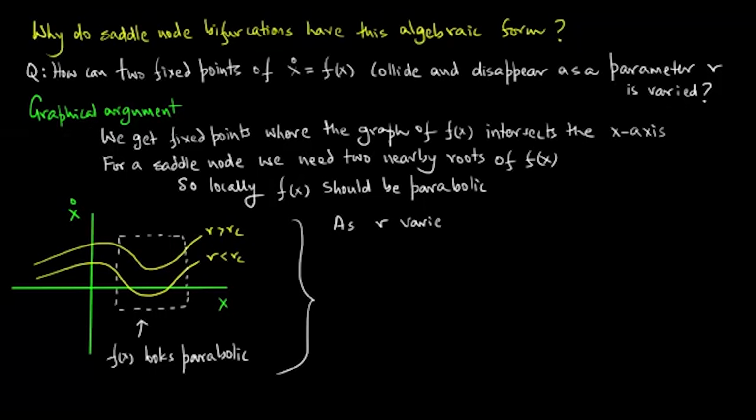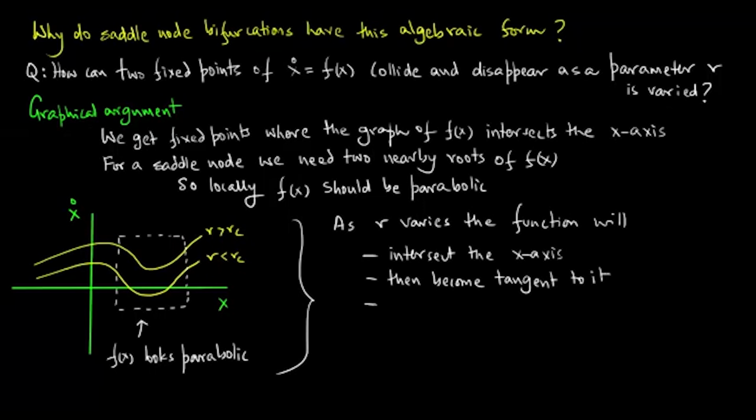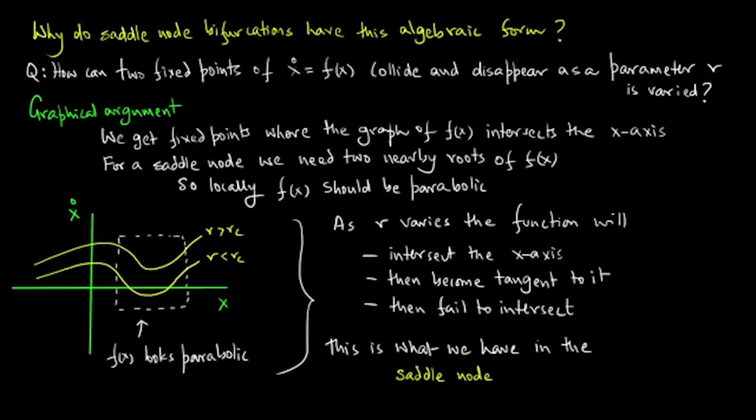So as r varies, the function will intersect the x-axis, then become tangent to it, and then fail to intersect. This is exactly what we have in the saddle node bifurcation.